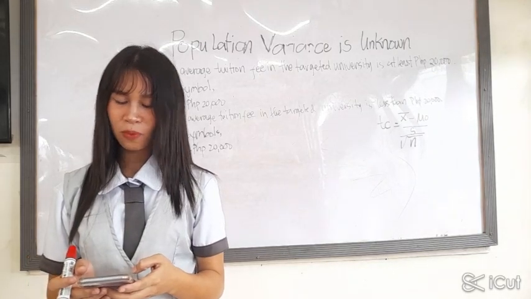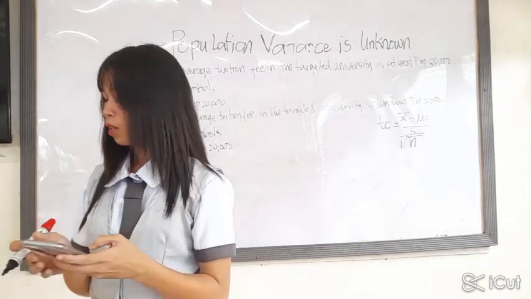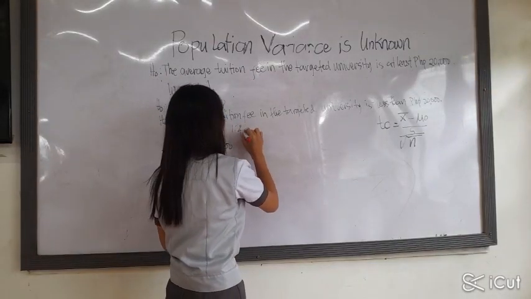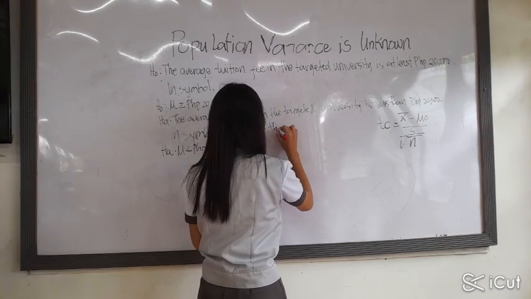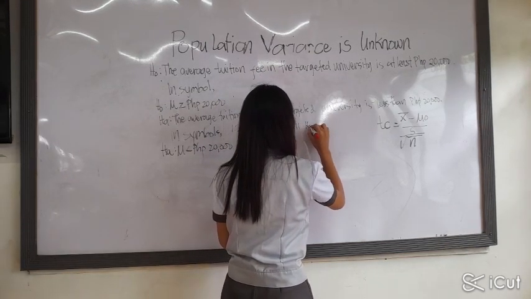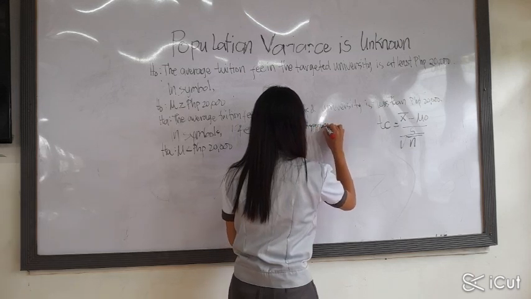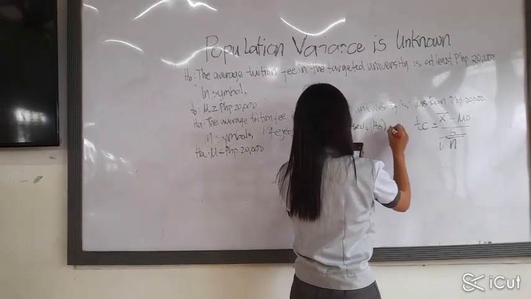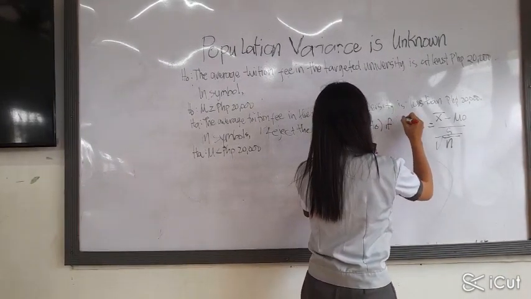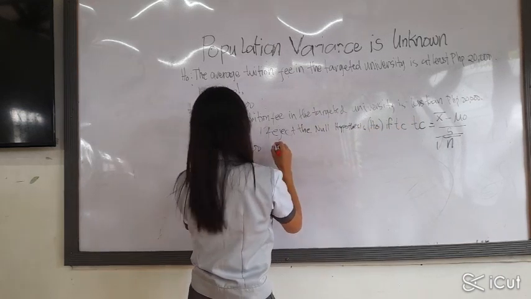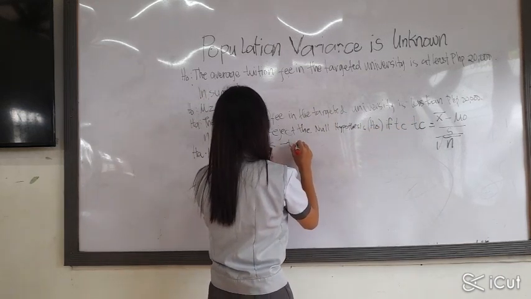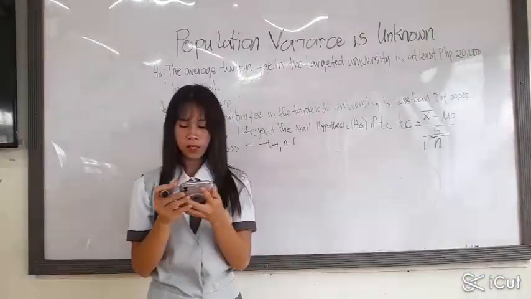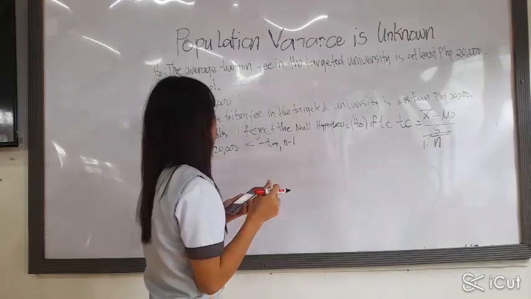The decision rule can be one of the following possibilities. Number 1. Reject the null hypothesis if t sub c is less than negative t sub alpha with n minus 1 degrees of freedom. Otherwise, we fail to reject the null hypothesis.